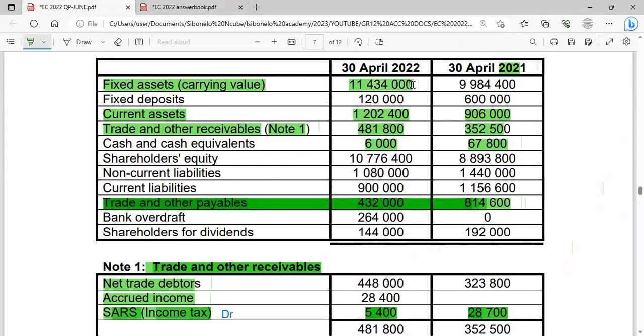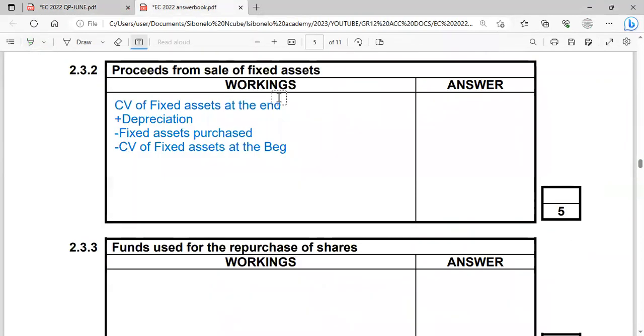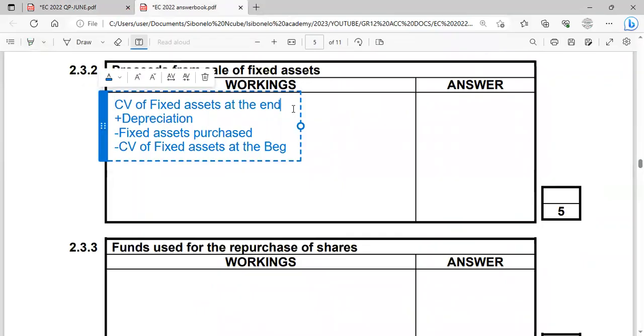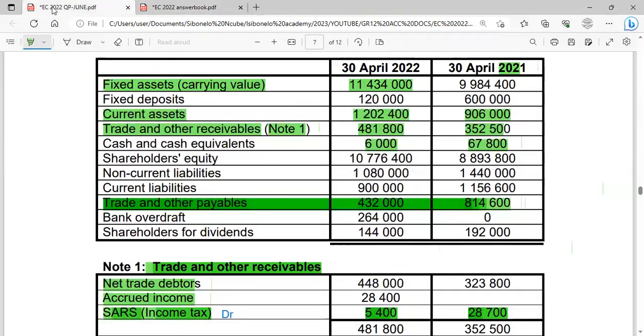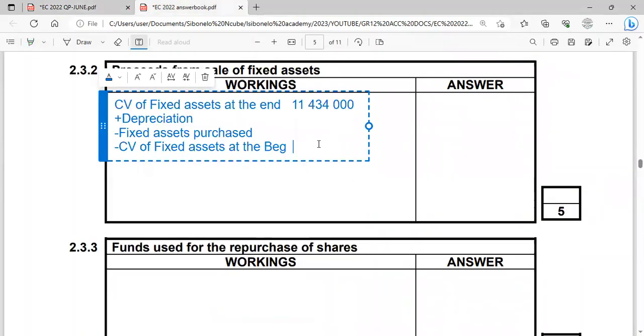The one at the end is 11,434,000. And then fixed assets at the beginning is given at 9,984,400. So this one we put in brackets because we subtract it.